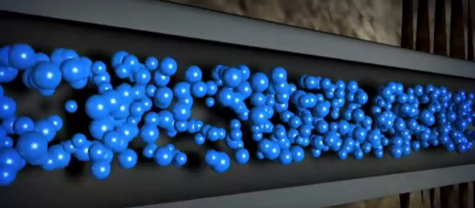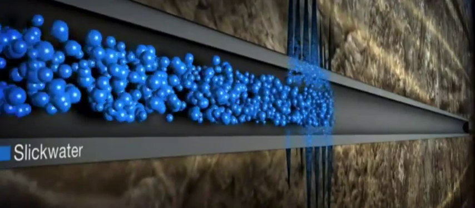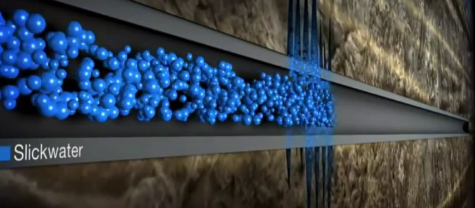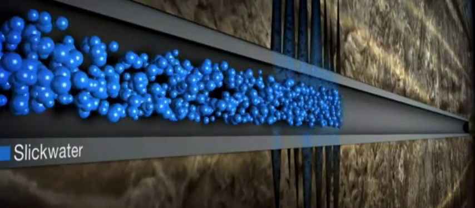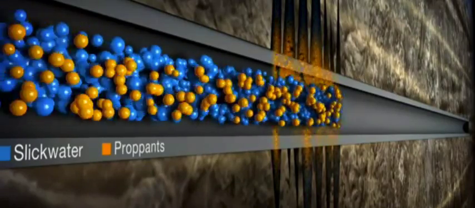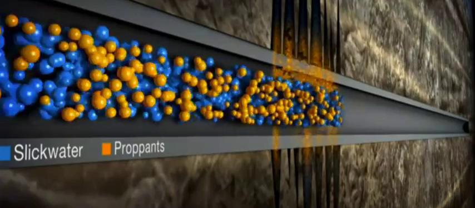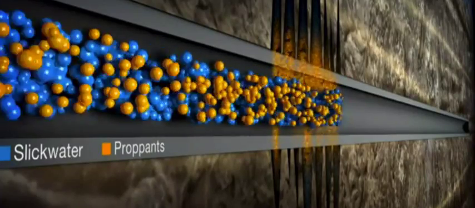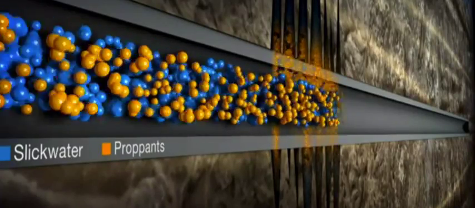Now, what's called slick water is then pumped in at high pressure. This forces the cracks in the rock to widen. Tiny grains, known as proppants, a bit like sand, are carried in by the water. They hold the fissures open. The technology of this keeps advancing. And the result? Well, with the rock broken up, the gas is released and flushed all the way back up here to the surface.